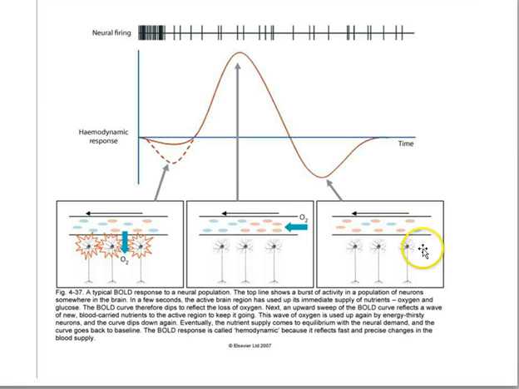But then when the brain cells quiet down, the blood vessels will decrease the blood flow to that area, and you'll get a return to the baseline. So when a part of the brain is temporarily active, you're going to get this increase in the signal that is tracking the increase in the activity of the brain cells in the area.